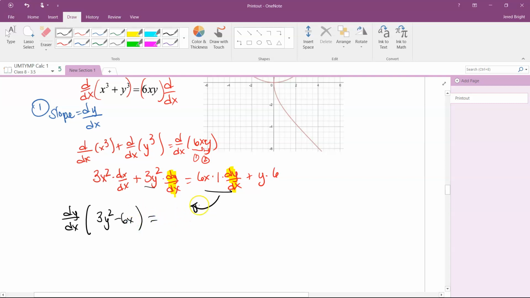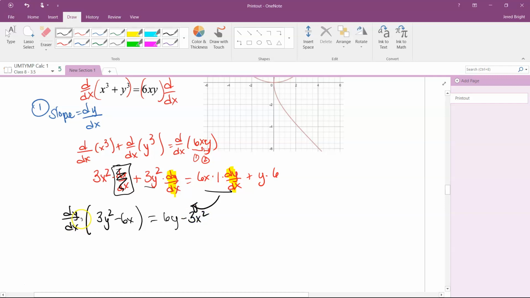And on the right side, I'll have 6y, and then, actually, we're okay. I thought for a minute that this dx was dy/dx, but remember that's just 1. And then minus 3x squared.